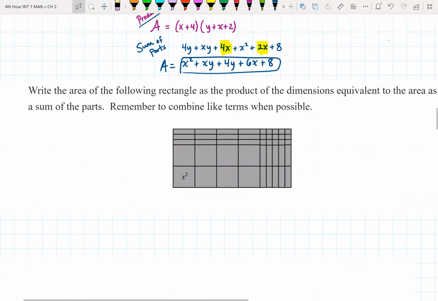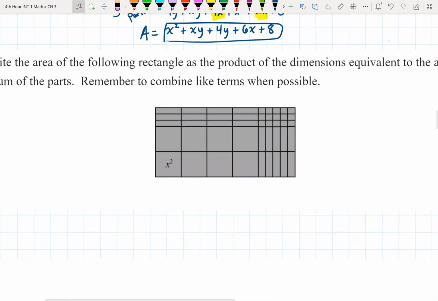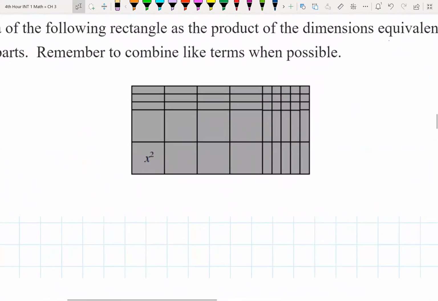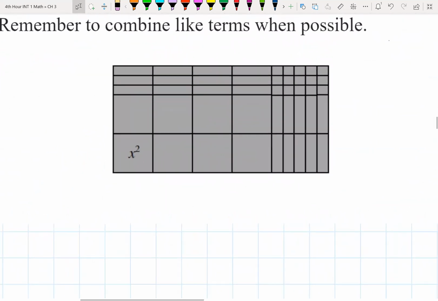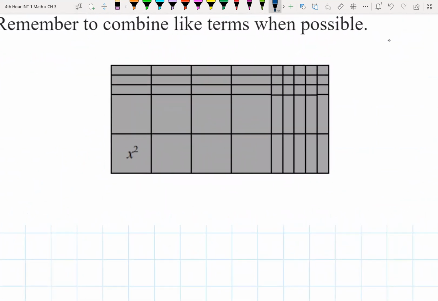Let's go on to the next example, and let's have you try this one first by identifying what tiles we're working with here. Again, I realize I wasn't there to help you identify these yesterday, but these are all x squared tiles, which means the dimensions are x by x. So the area of these tiles is x squared.